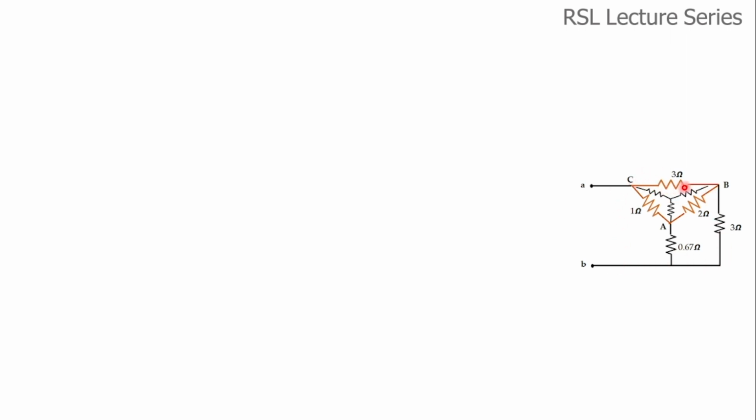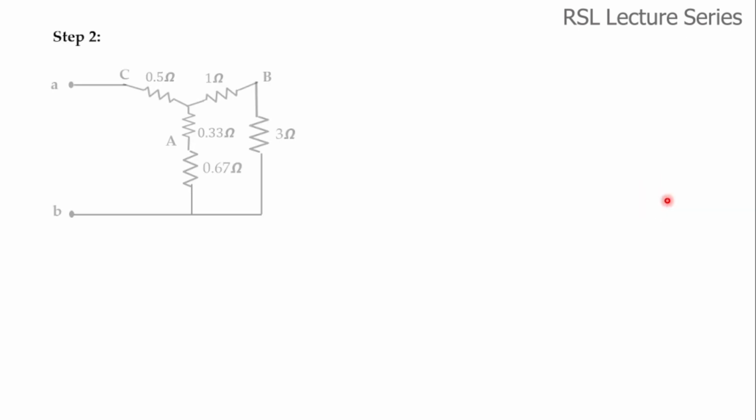Now we have converted this delta ABC into a star equivalent. So now we can redraw the circuit as shown here. This delta gets converted into a star. Already we have the 0.67 and 3 ohm resistors.